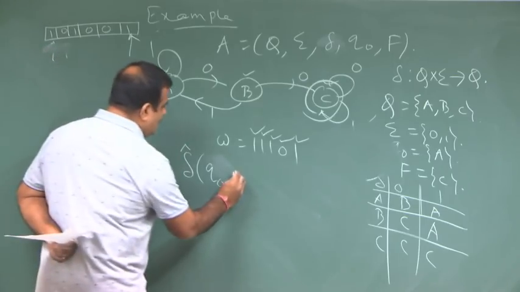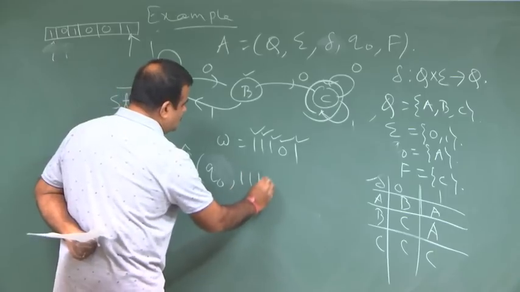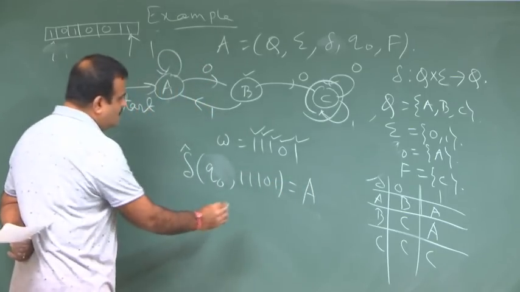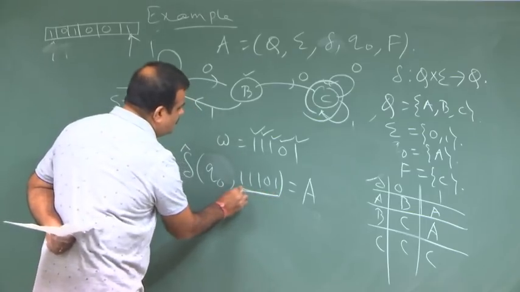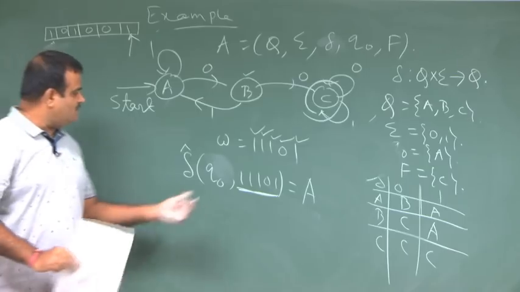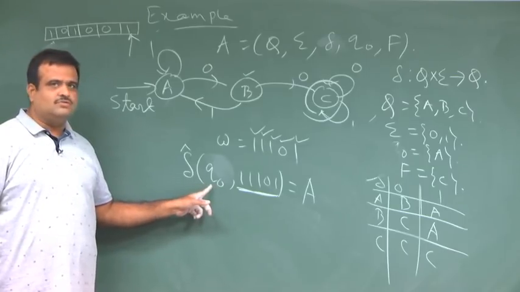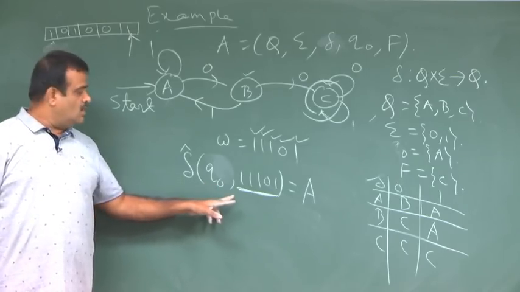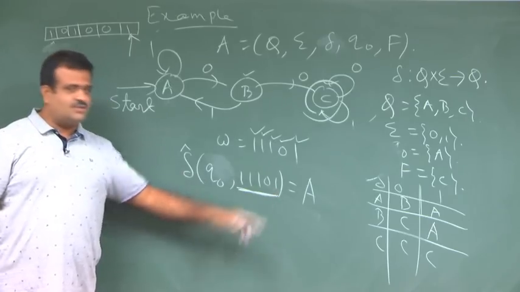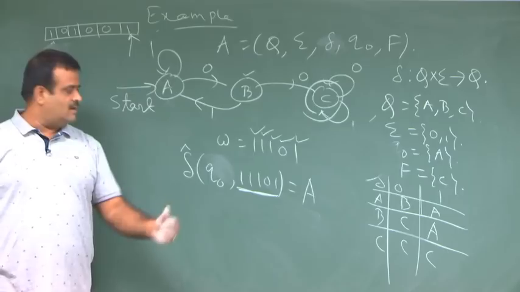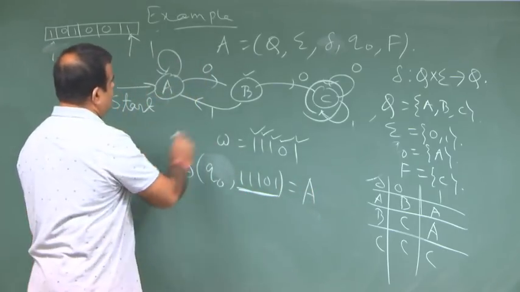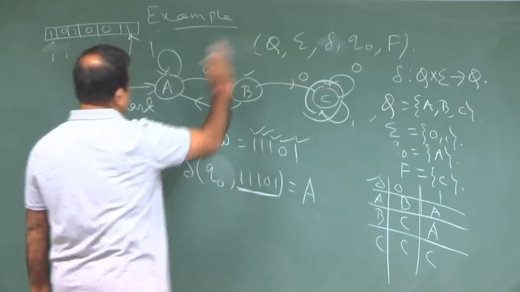So, delta hat of this 1 1 1 0 1 is nothing but A. The meaning of this is, after execution of this whole string, where we are at: we are starting with q0, the starting state, we keep on reading this string, and at the end of the string, where we are. So, this is our A, this is the DFA.